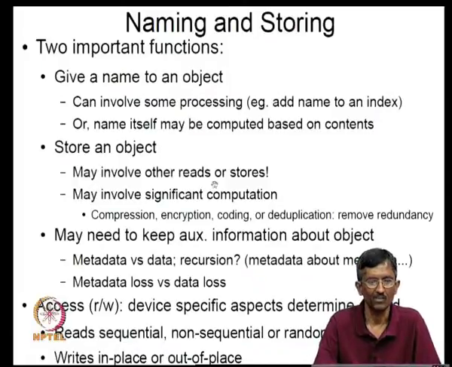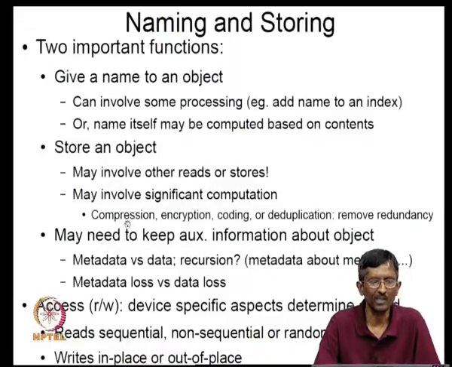So, that is the reason why the storage system not only does seemingly simple things like naming and storing, it also does a lot of computation. That is what we were talking about last time. It can involve significant computation: compression, encryption, coding, deduplication, etc. So, again we will just quickly look at this. What is compression?